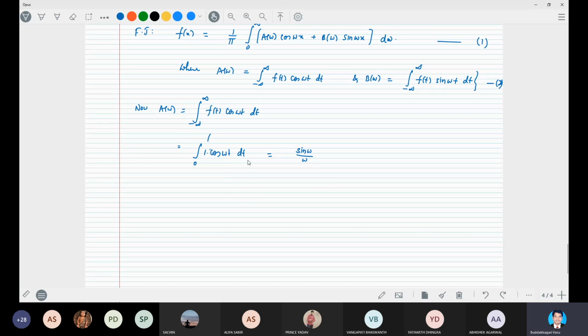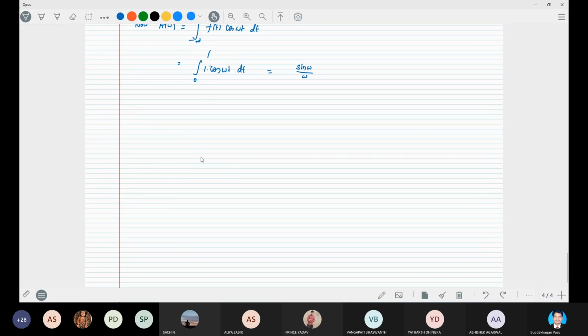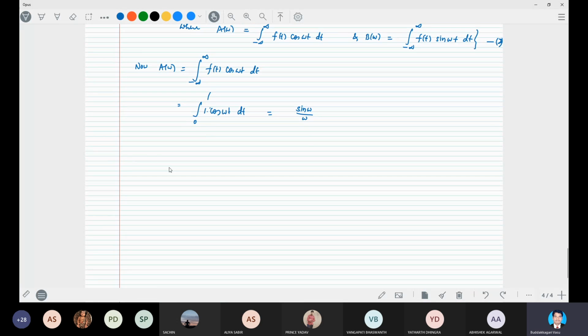The integral of cos omega t is sin omega t by omega, right? Yes, sir. Then the integral limits are 0 to 1. When t is equal to 1, sin omega by omega, the upper limit; the lower limit will be 0. This is a(omega).